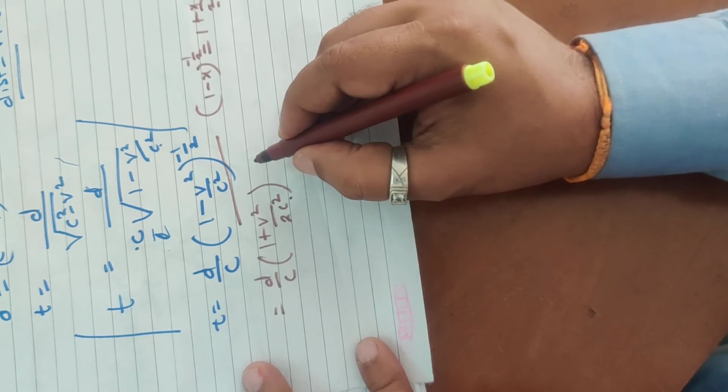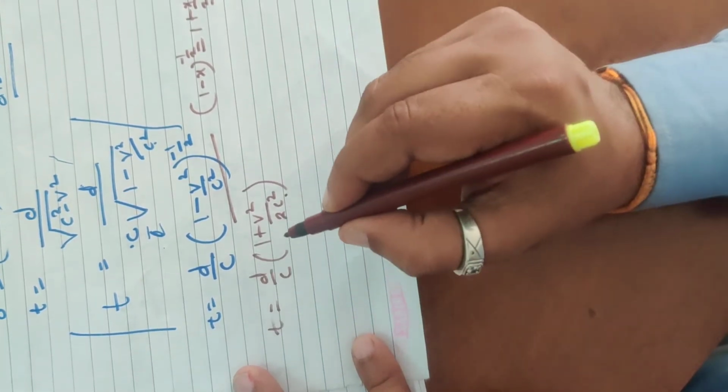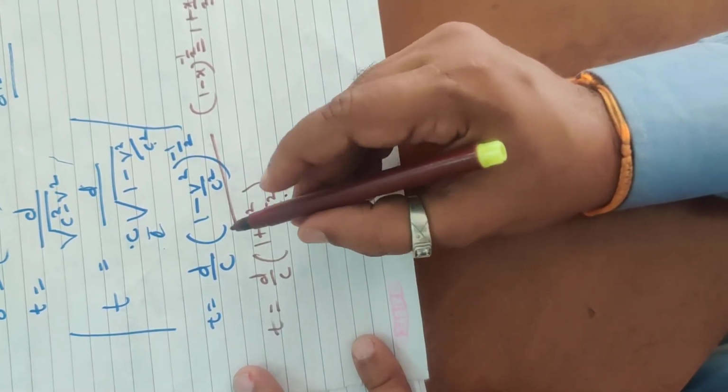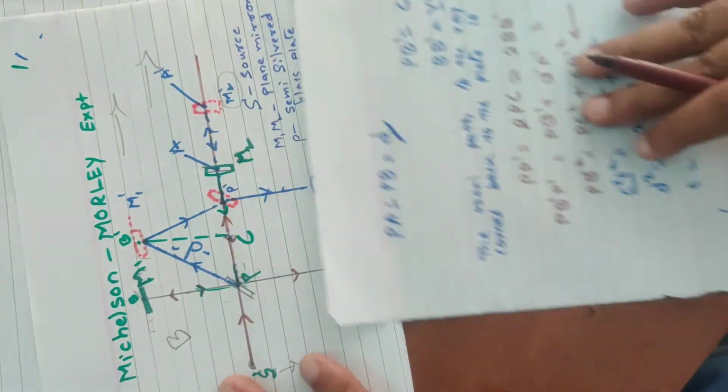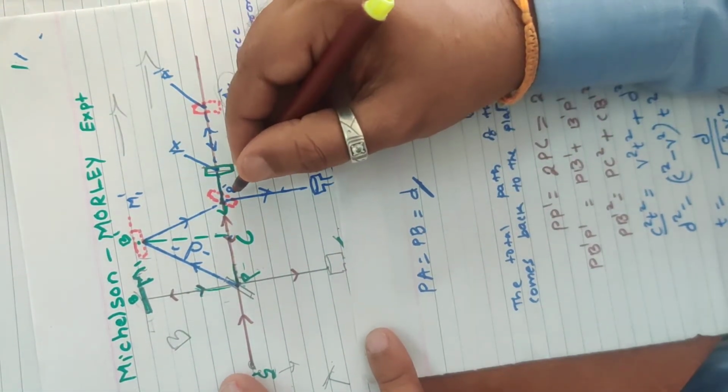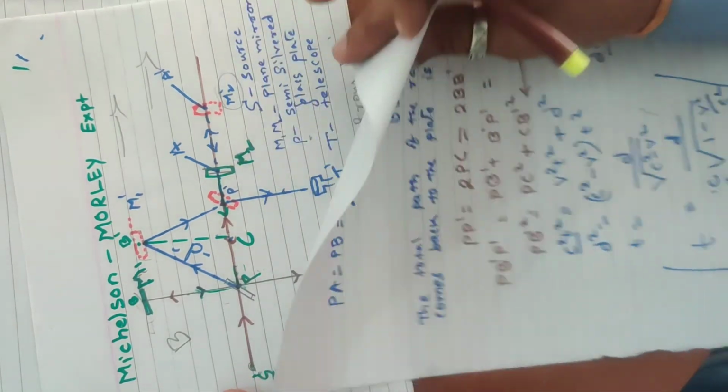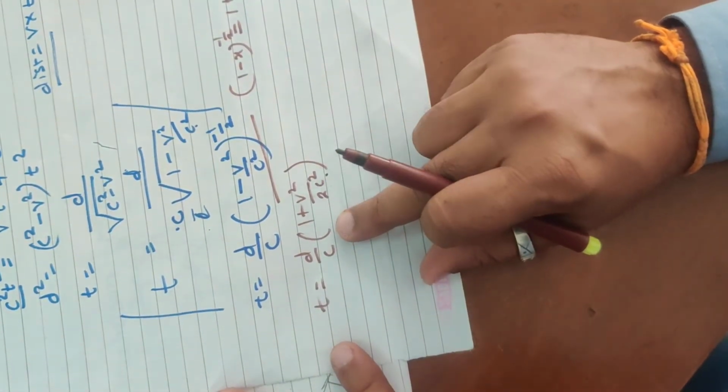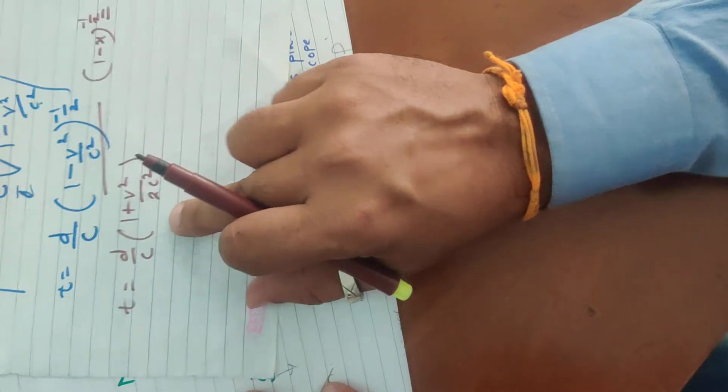Therefore, the total time taken by the light to move from P to B dash to P dash is t equal to d by c into 1 plus v square upon 2c square.